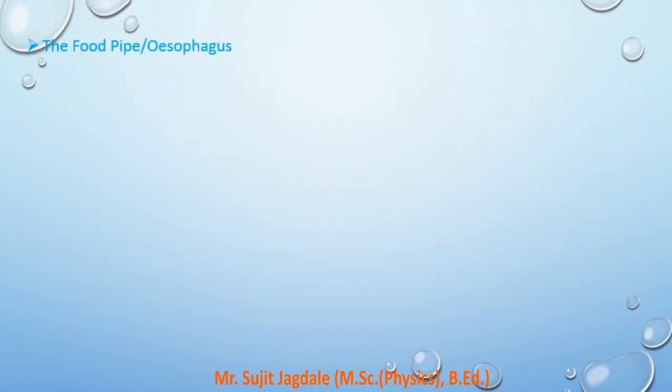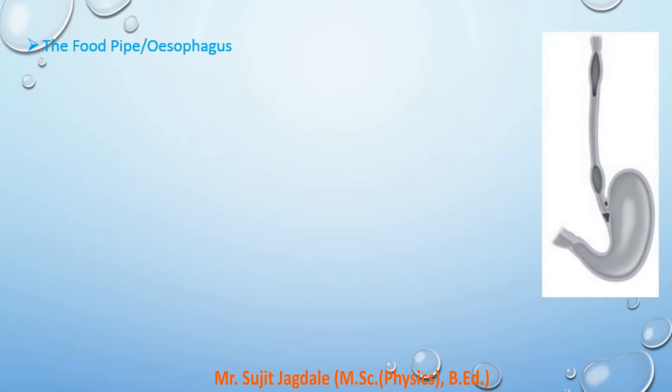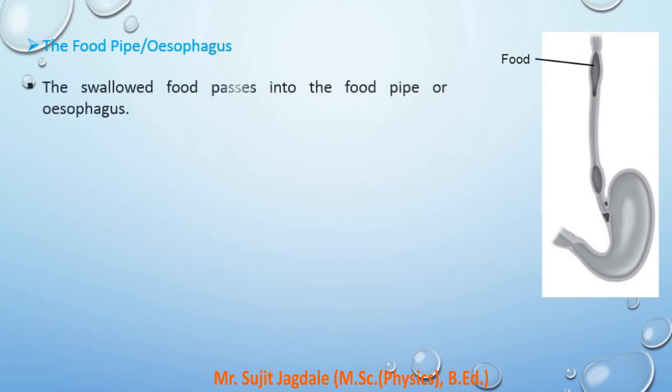Okay, now the next compartment is the food pipe or esophagus, that is shown in the diagram. Here this is the food pipe or esophagus, which is next to the buccal cavity. The food which is swallowed passes into the food pipe or esophagus.